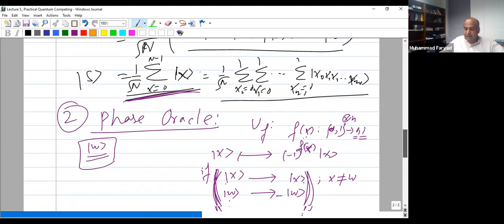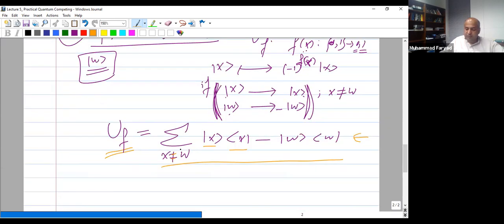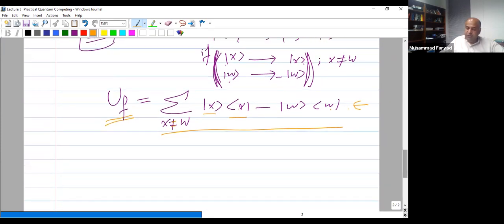So I can write this phase oracle in operator form like this, because when W comes, WW would be 1, and I'll get minus W, because the X into W would be 0. And if any X comes in, W into X would be 0, and X into that particular X would be 1, and we will get X.